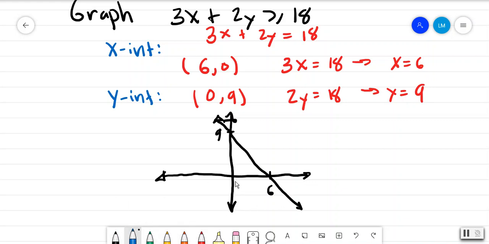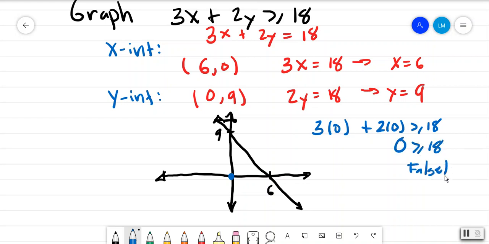Conveniently enough, 0, 0 does not pass through the boundary line, so we can actually test 0, 0. Notice that when you plug in 0, 0, you get 0 is greater than or equal to 18. But this is actually false.